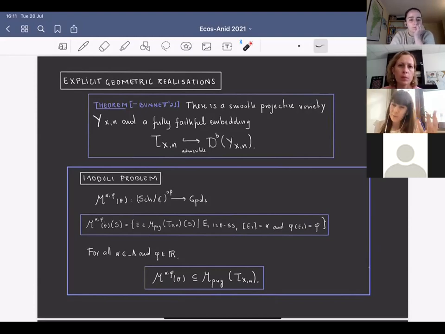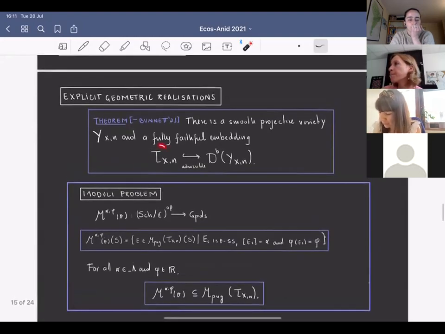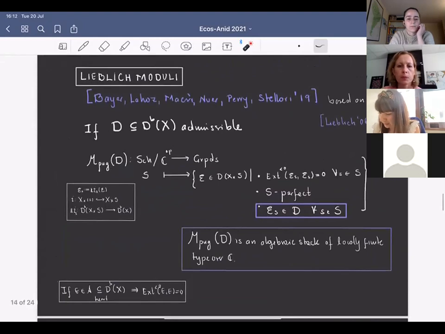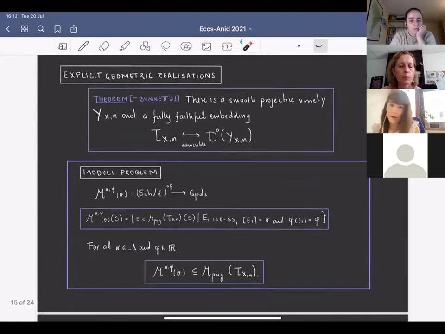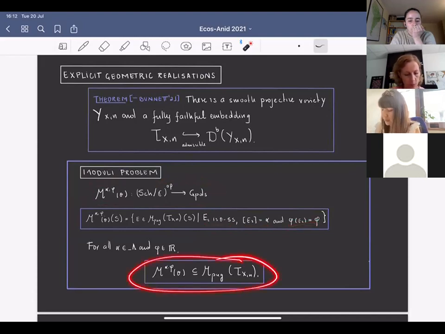What we did was follow more or less his steps, but instead of using exceptional collections, we use orthogonal decompositions, and we glue at the level of DG categories. Now that we have T_{X,N} inside D^b(Y_{X,N}), we can use Lieblich's moduli to have our moduli problem. Our moduli problem is going to classify all the sigma-semistable objects with fixed class and fixed phase, and it is going to be a substack of the stack of perfectly gluable objects.